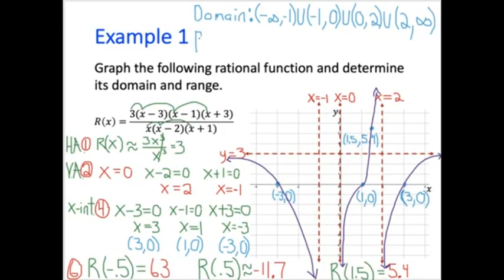Now let's look at the range. We're going to find the range by looking at our graph. So the range tells us all the y values that are included in our function.